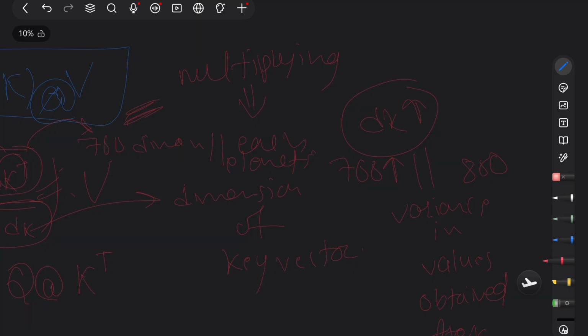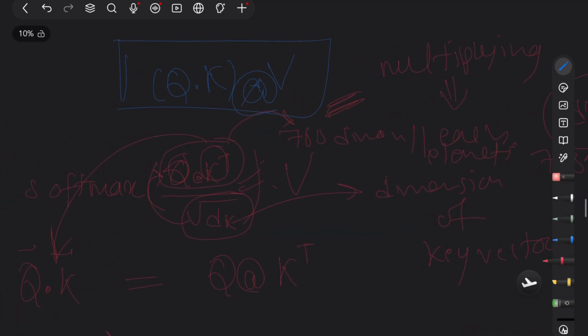This would ensure better performance with optimization algorithms like stochastic gradient descent. This would make the training process more efficient and faster. So this is why we divide by the square root of the dimension.